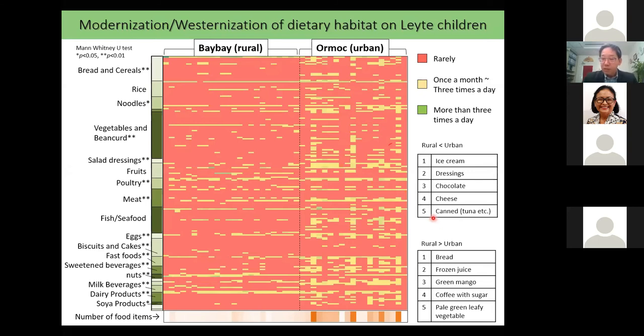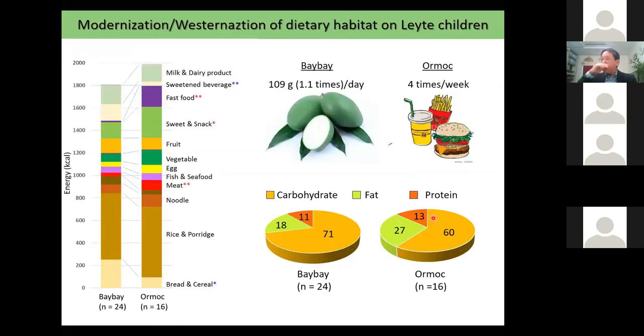For example, the children in Ormoc eat fast food four times a week, while the Bai children still eat regional foods, such as green mango, and they eat banana every day.